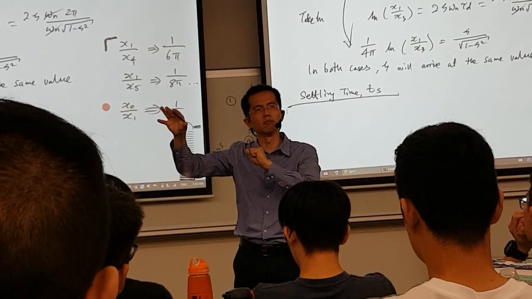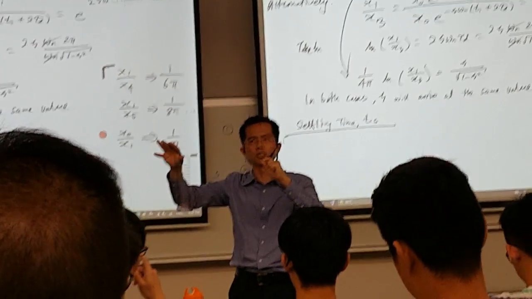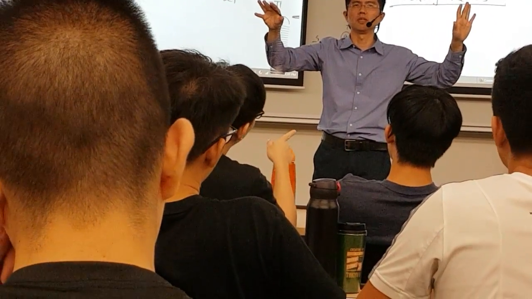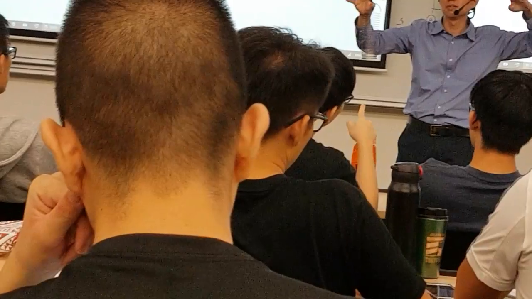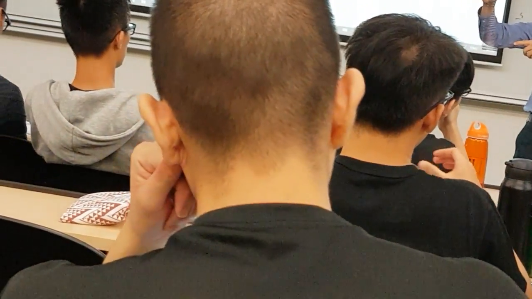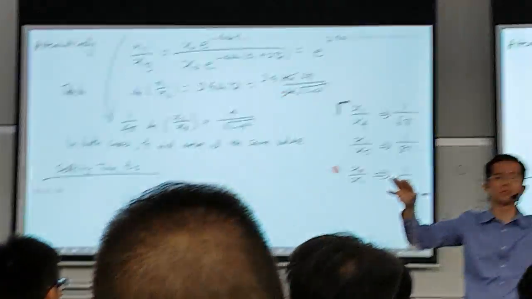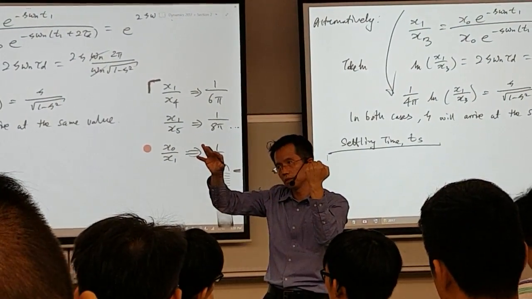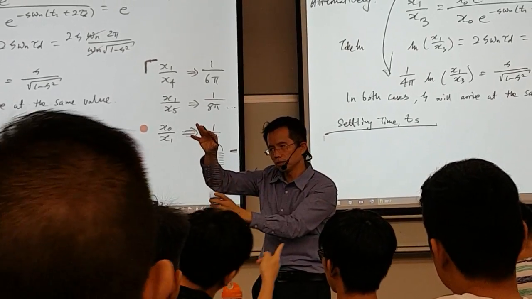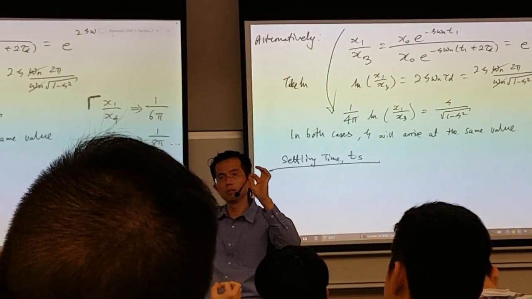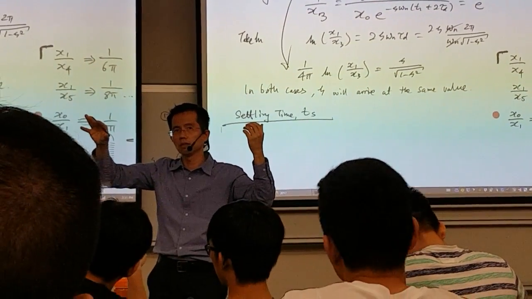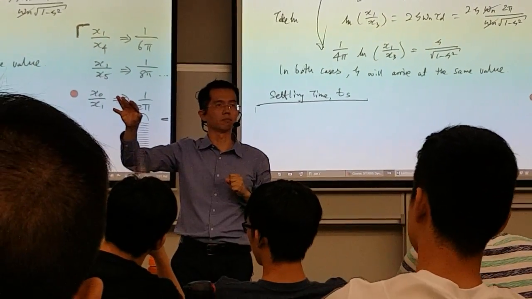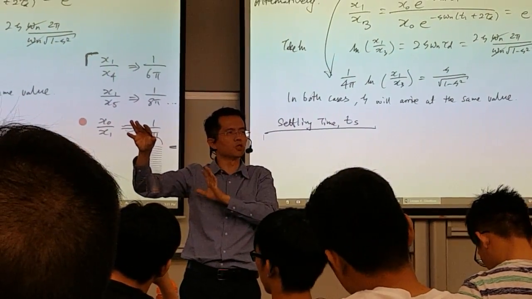At what point of time, with that little bit of oscillation, can I consider that it has settled? Not exactly zero, but settled. The amount of time that it takes until it comes to this little bit of oscillation is called settling time, where it's more or less considered settled.